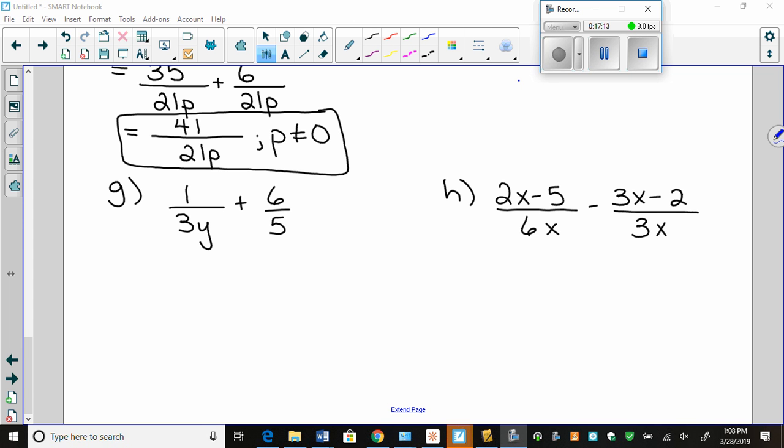Okay. So 3y and 5. What's common to 3y and 5? What's common to 3 and 5? 15. And then we need a y, right? Because we have a 3, we have a y, we have a 5. So if you're not sure, multiply this side by 3, multiply this side by 5, and then you're like, okay, this one is 15y and this one is 15. Uh-oh.